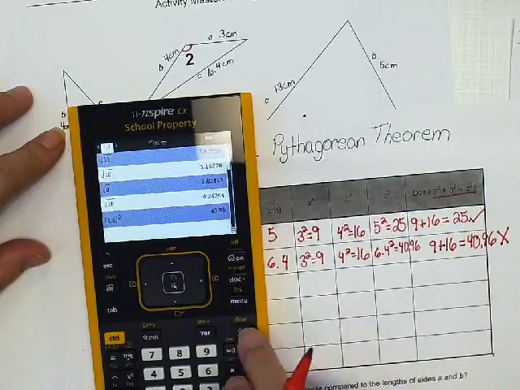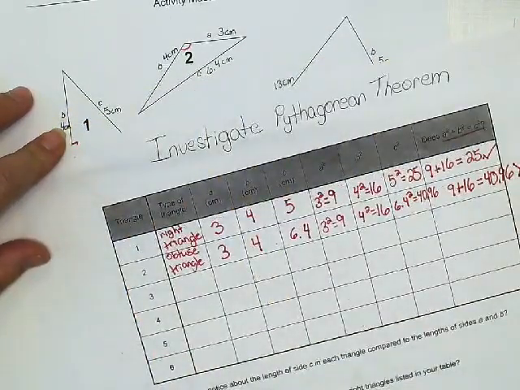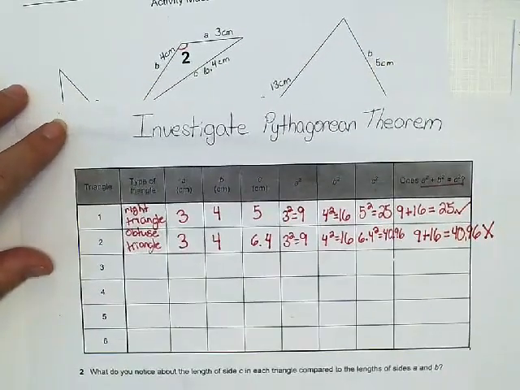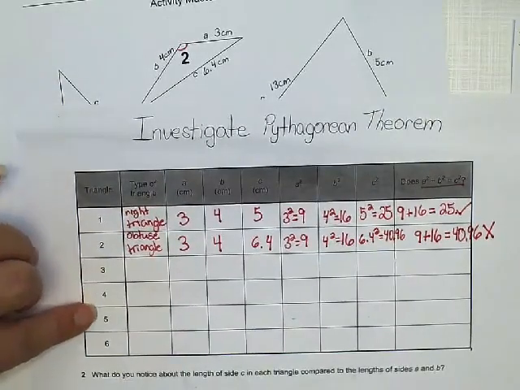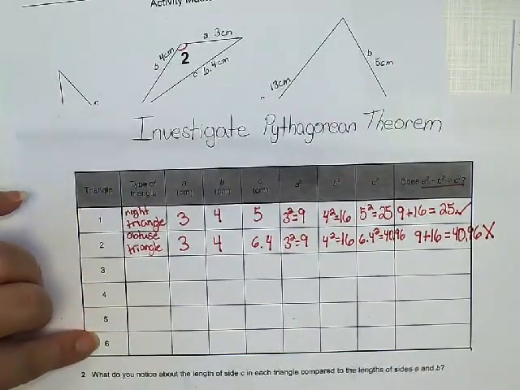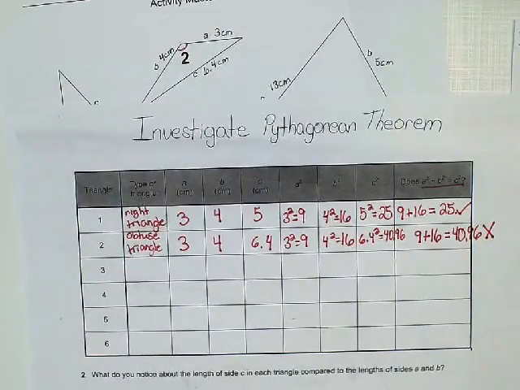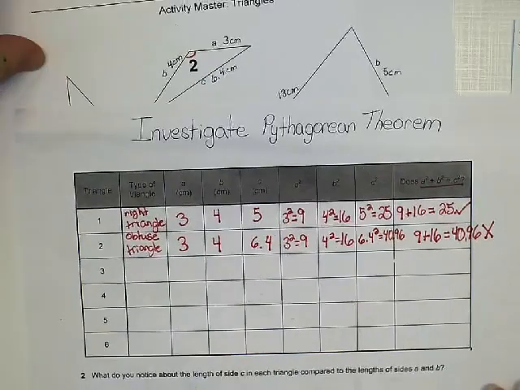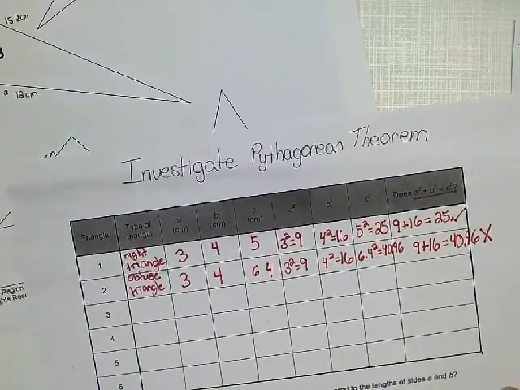Okay? All right, so pause the video and do number 3, 4, 5, and 6. So you should have done 3, 4, 5, and 6, and you should have discovered whether a squared plus b squared equals c squared.